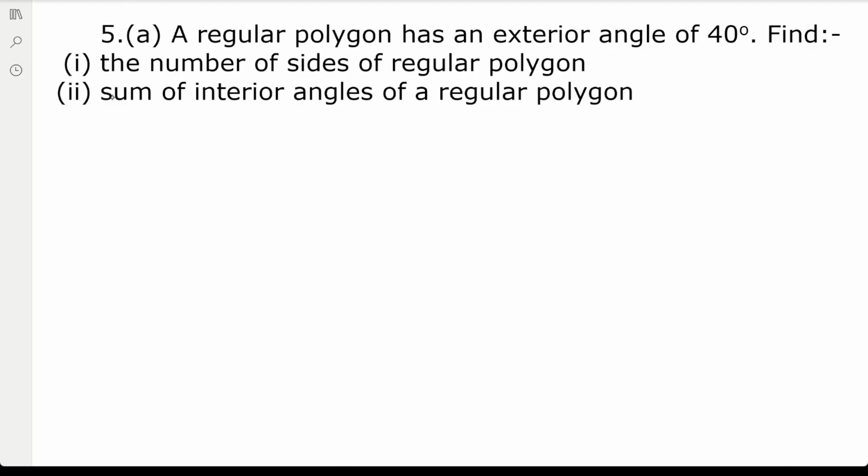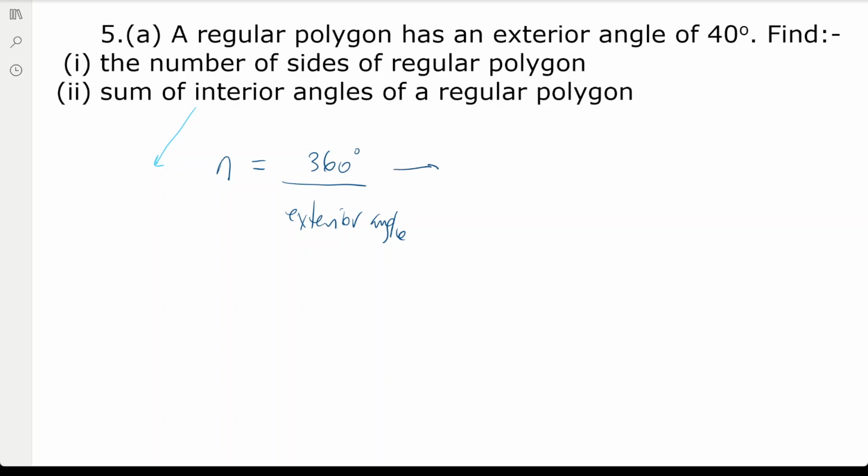Going to the solution directly, we will use the formula here, and the formula is that the sum of exterior angles of any regular polygon is 360. So the number of sides, you take 360 divided by the exterior angle.